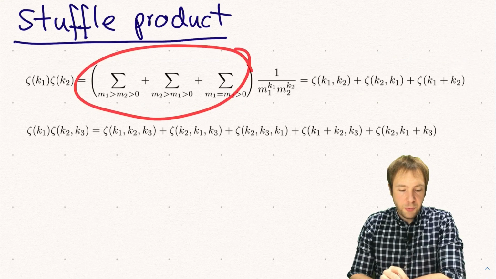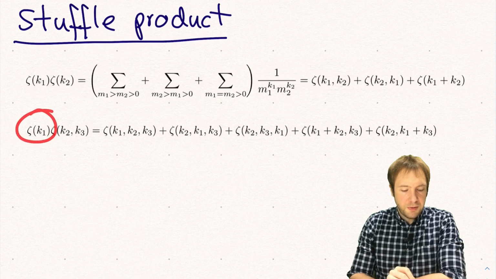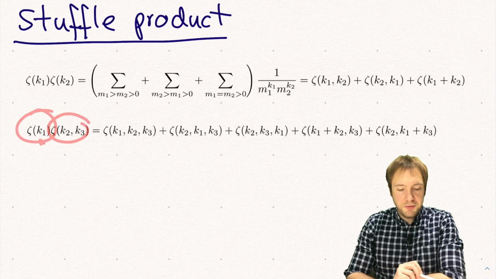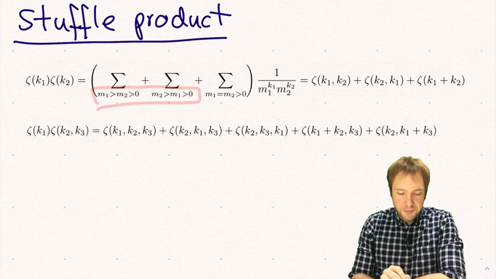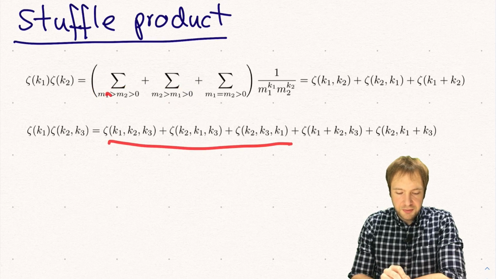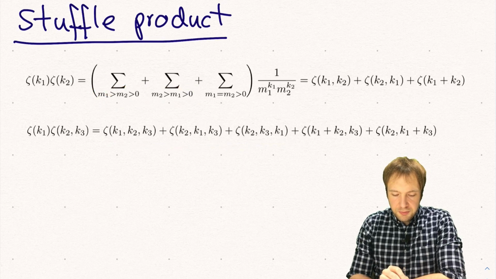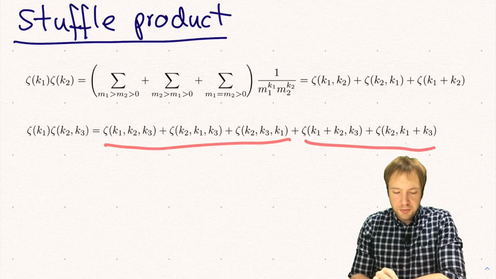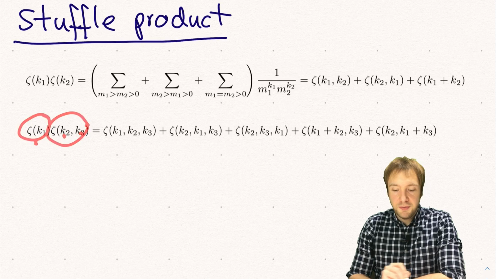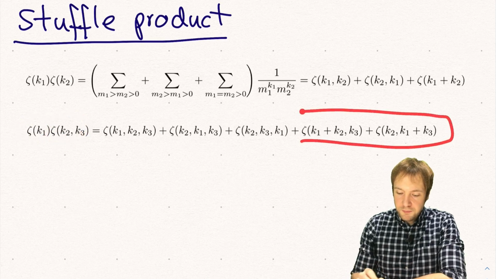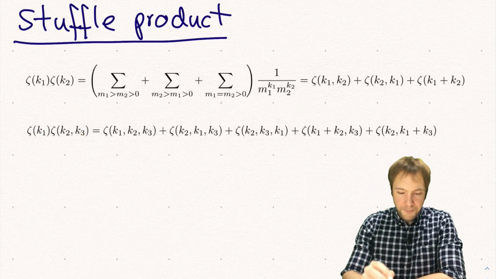But this idea also works if I multiply, for example, this zeta in depth 1 with this double zeta value. Then I have all these possible ways of shuffling these m's, and then I have the cases where this m coming from this sum equals one of these m's here, which give these parts here.